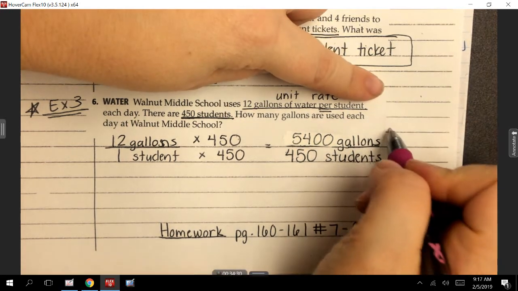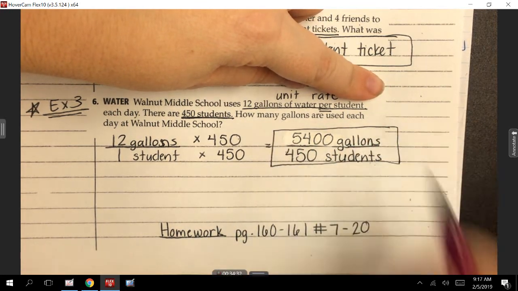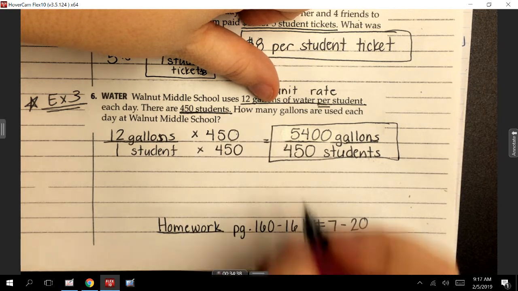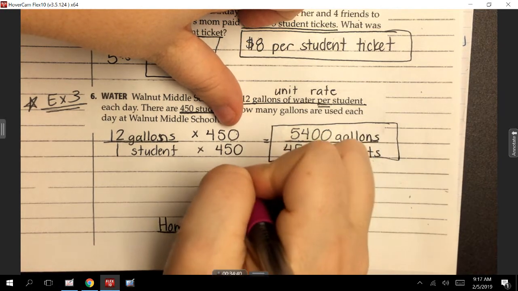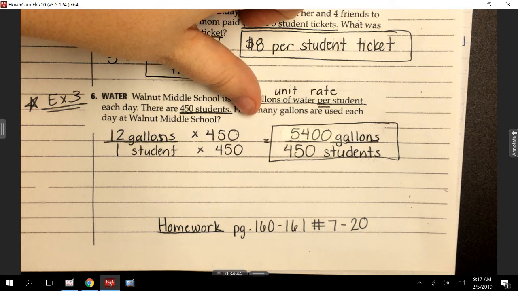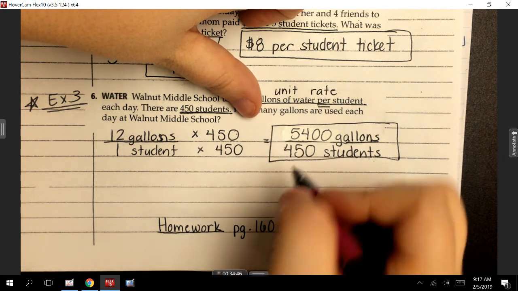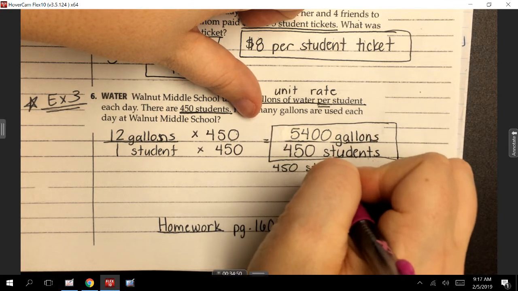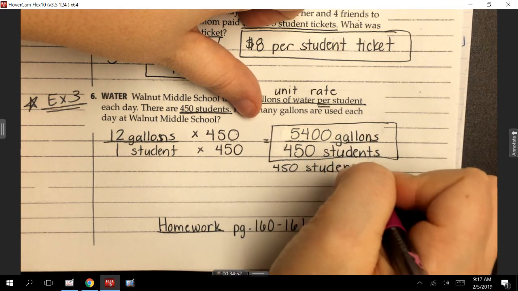Okay? So there's my fraction. Any idea on how I'm going to write that out as a sentence? Dylan? That's fine. Go ahead. 450 students.